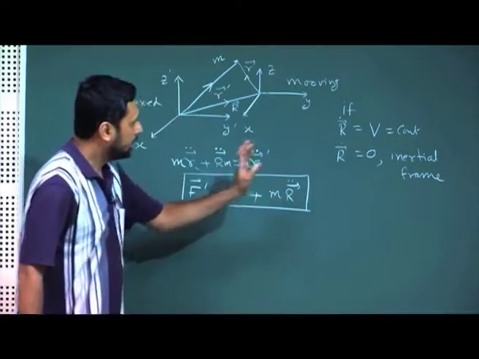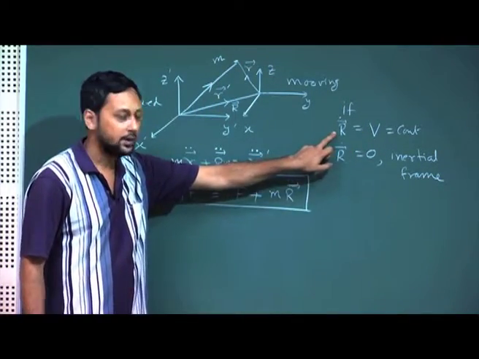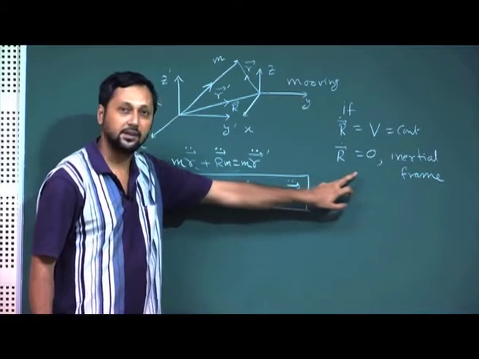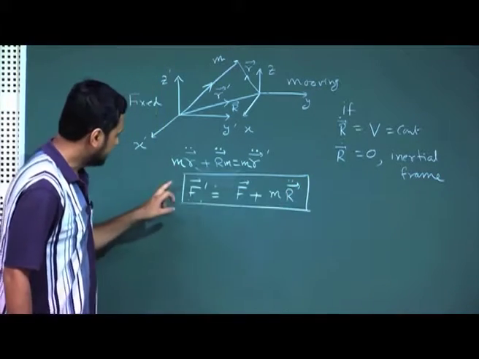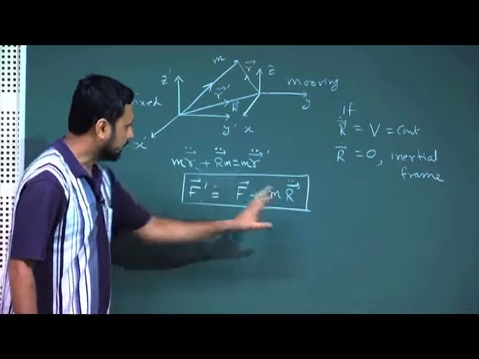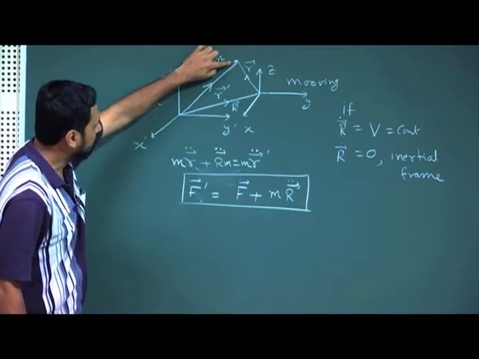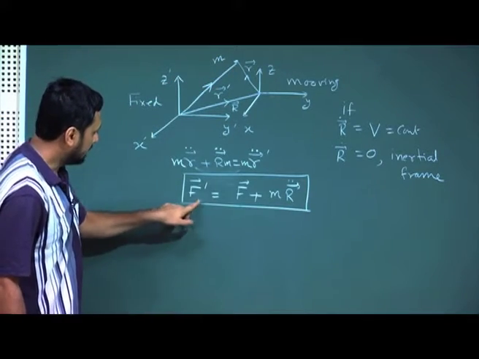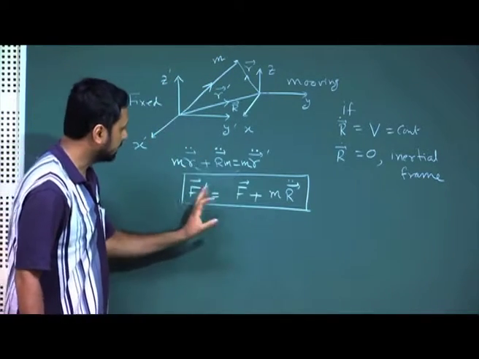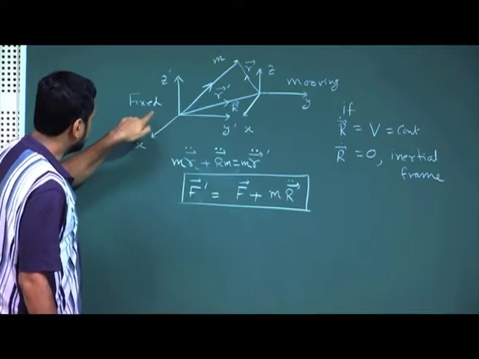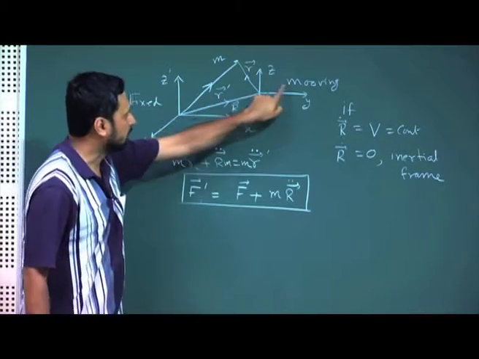But if the velocity is not constant, that means there is a non-zero accelerating term, then in this equation all the terms survive, and the force acting on the object depends on whether we measure the force with respect to a fixed frame or with respect to a moving frame.